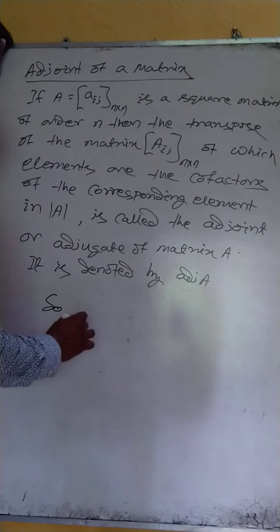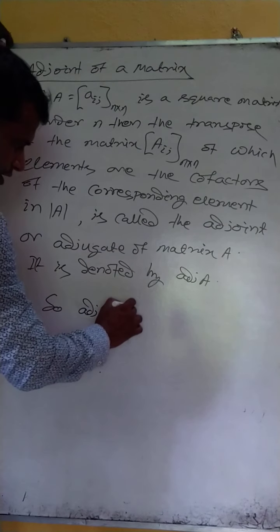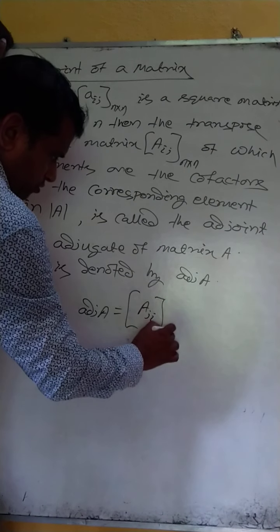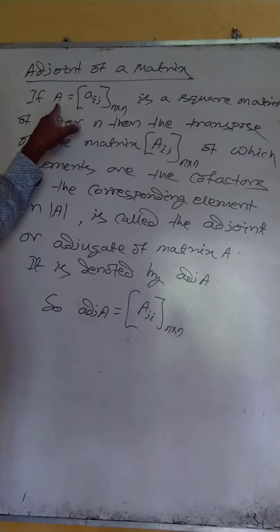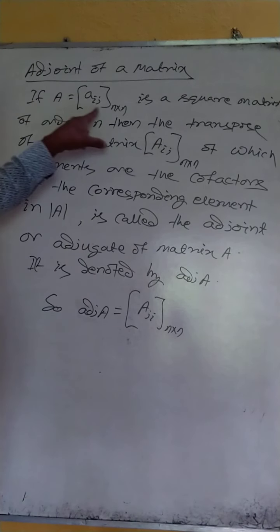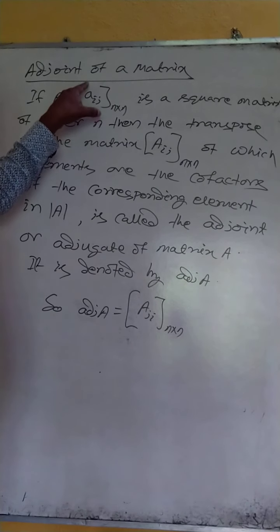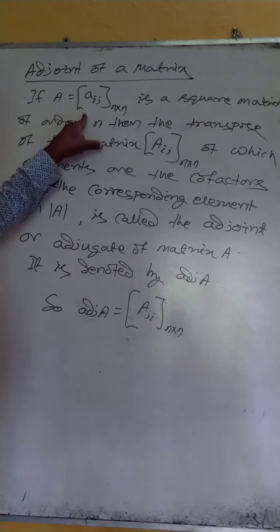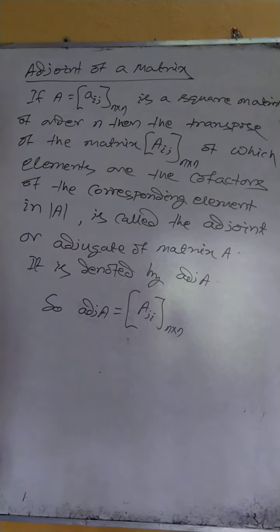So adjoint of A, adj A, is equal to capital A_ji, n cross n. Here capital A is a matrix of order n. In a_ij, i stands for row, j stands for column, that means elements a11, a12, a13 up to a1n, similarly up to ann.